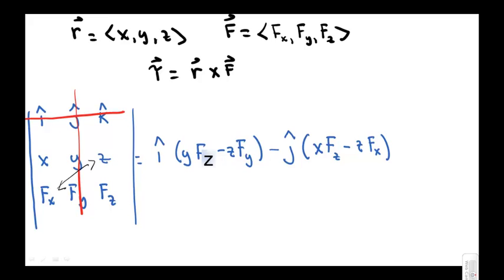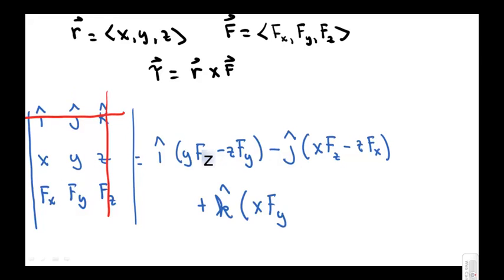Note here that we multiply this result by minus j hat. The change in sign is part of the standard procedure for reducing a 3 by 3 determinant to a sum of terms with 2 by 2 determinants. So let's make sure we don't forget that sign.